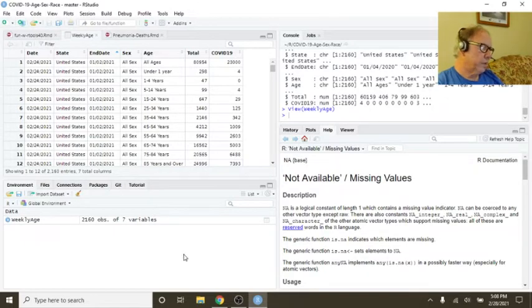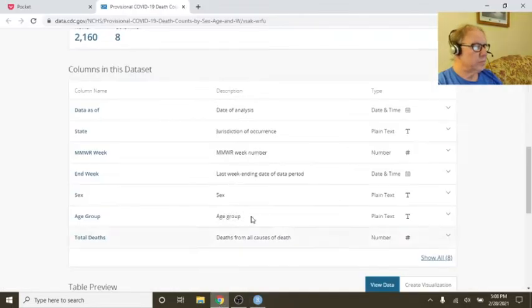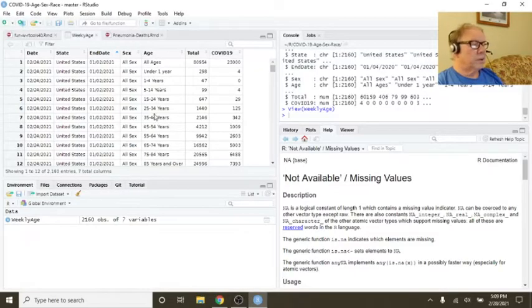Huh, that's interesting. Well, that doesn't make any sense. Why is the end date only January 2nd?